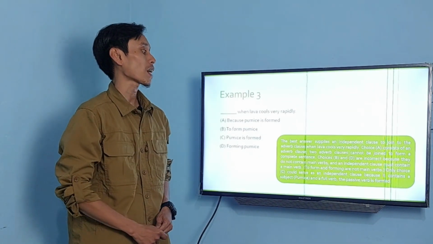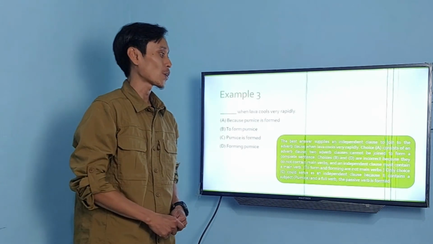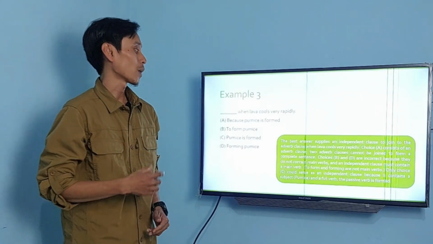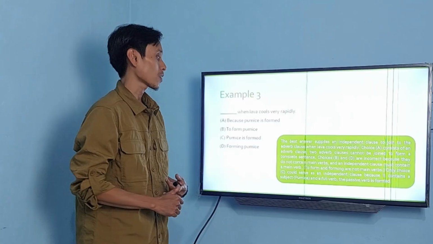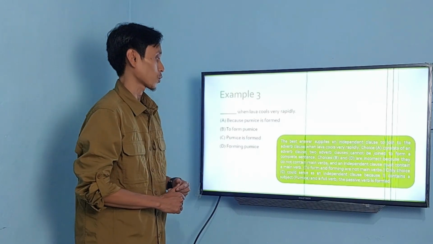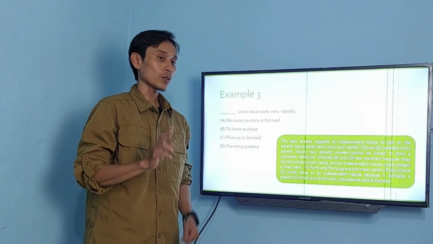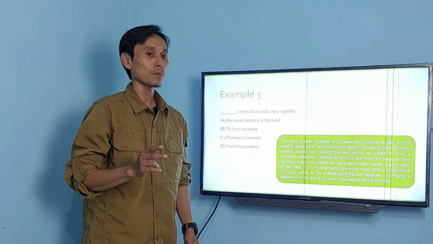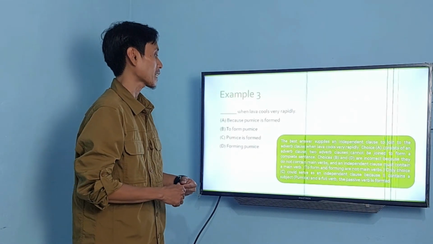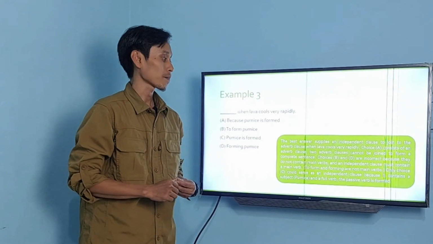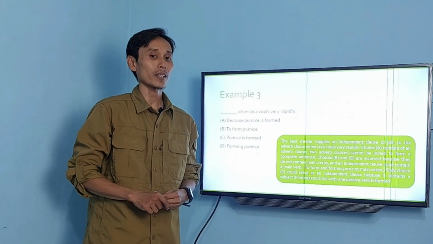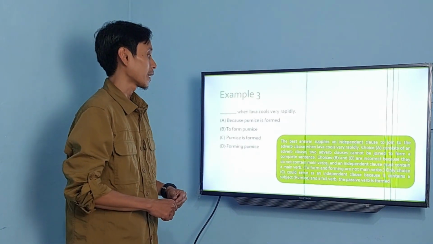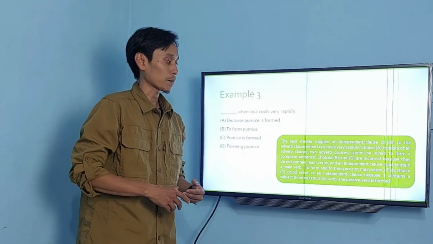The best answer supplies an independent clause to join to the adverb clause "when lava cools very rapidly." Choice A consists of an adverb clause. Two adverb clauses cannot be joined to form a complete sentence. Choices B and D are incorrect because they don't contain main verbs.